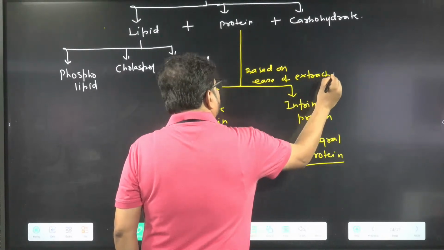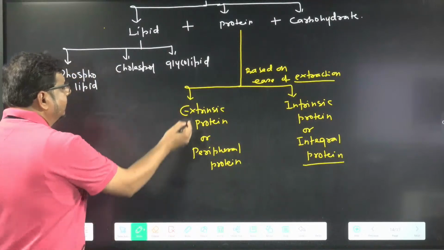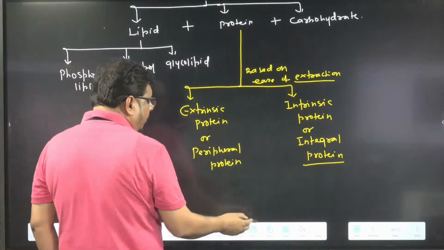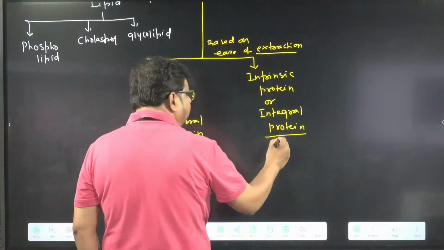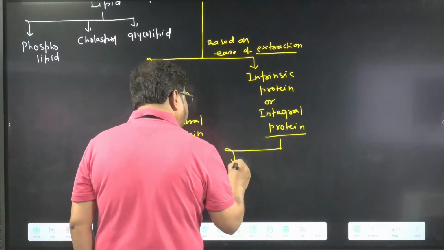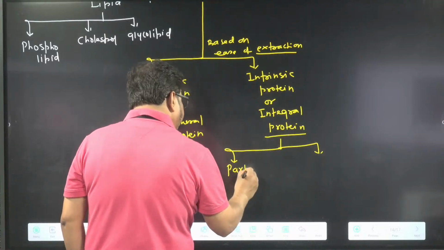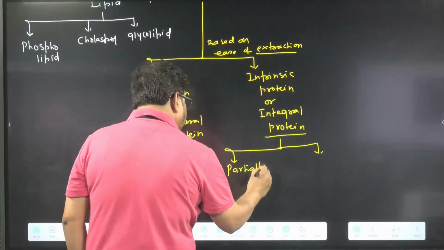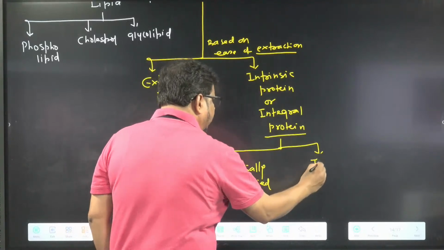The proteins that are easily extracted from the plasma membrane are called extrinsic protein, and those that are not easily extracted are called intrinsic protein. Now this intrinsic protein is of two types: partially buried protein and totally buried protein.